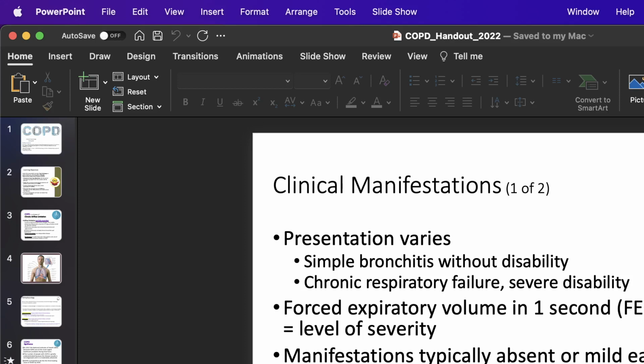And you'll see the nurses will document a change in pattern here too. So if at home, normally, you have a little bit of dyspnea with mild exertion, but suddenly you have dyspnea at rest, that's a change in your pattern, and that's a reason to notify your healthcare provider, right? You're not tolerating activity as well.